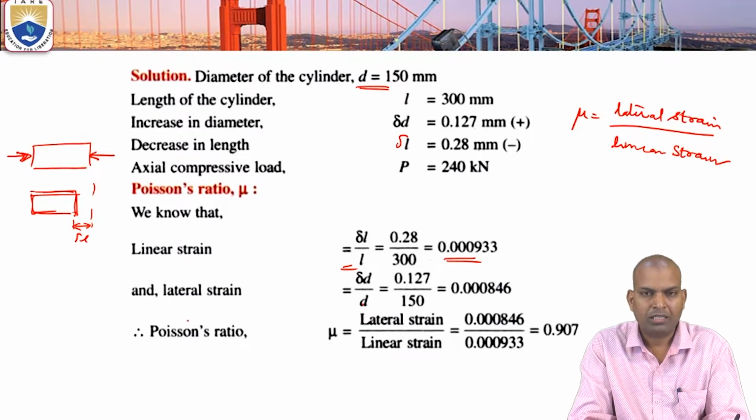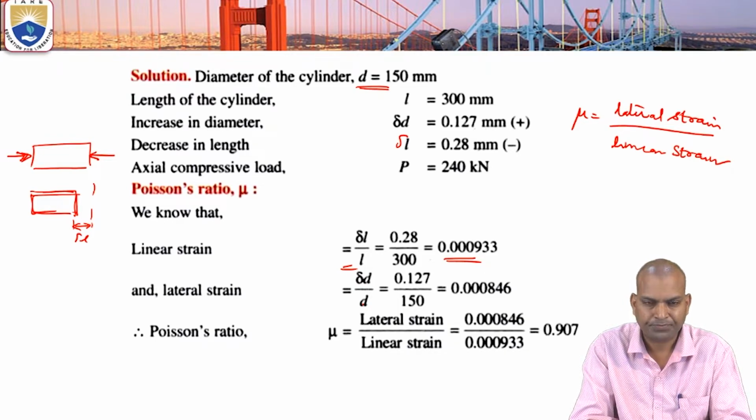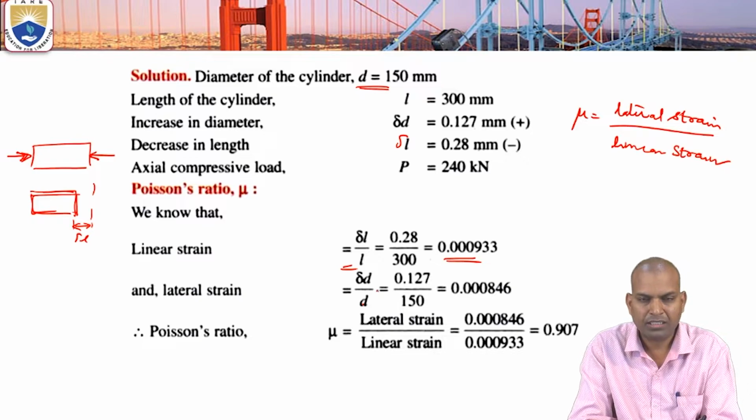Then linear strain is 0.000933. And the lateral strain, which is normal to the linear strain, is delta D by D, where delta D is 0.127 millimeters and D is 150 millimeters.